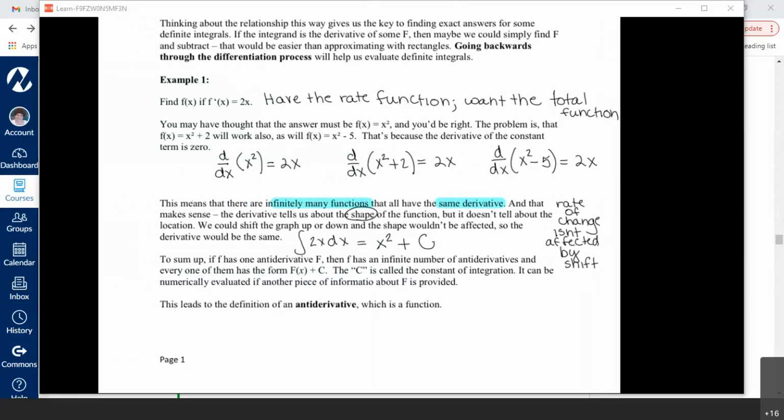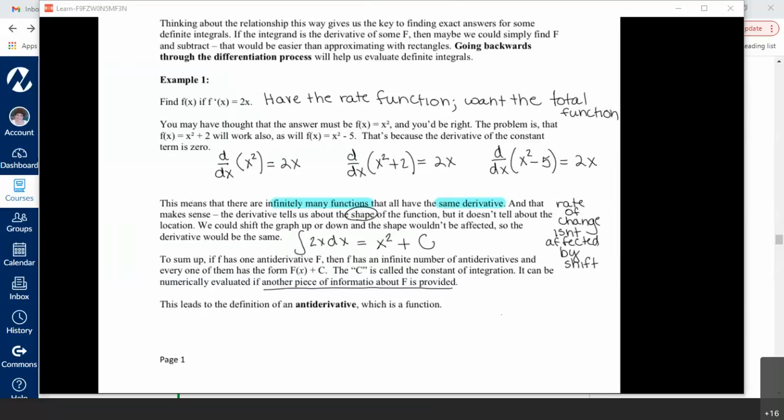Notice there's no a and b here. I'm basically saying, what's the antiderivative of this function? And the answer is x squared plus some constant. It's called the constant of integration, and it can be numerically evaluated if you get another piece of information. So you're going to leave it as C unless they tell you something else that you can use to figure out what C is.